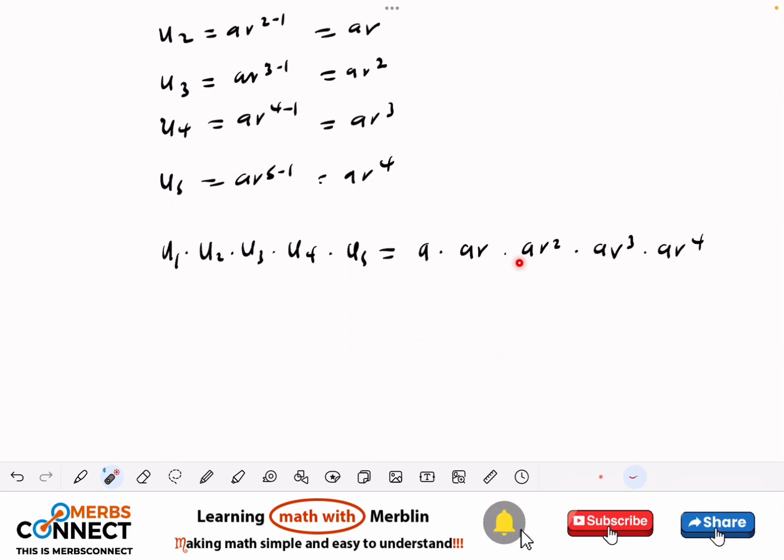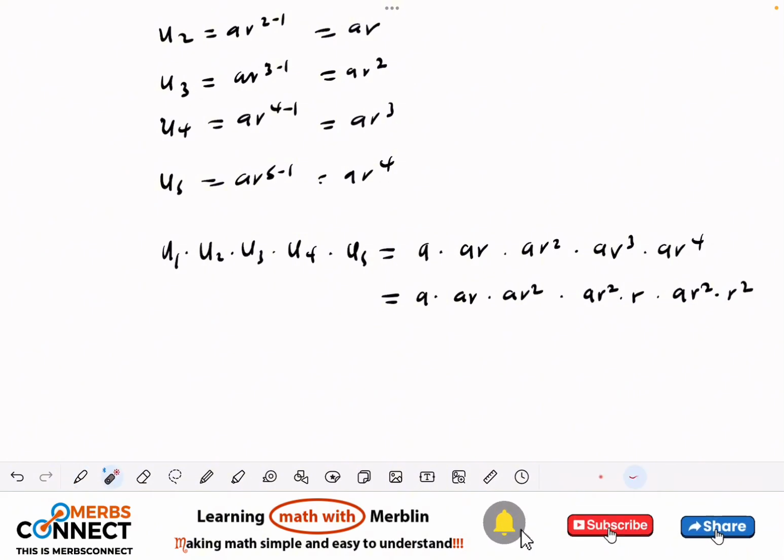So it means that we need to express everything here as ar squared, right? So we can shift some of the factors. This can be written as a times ar times ar squared times, this one can be written as ar squared times r, times this one here can also be written as ar squared times r squared.